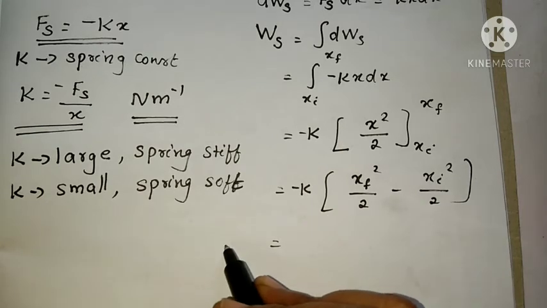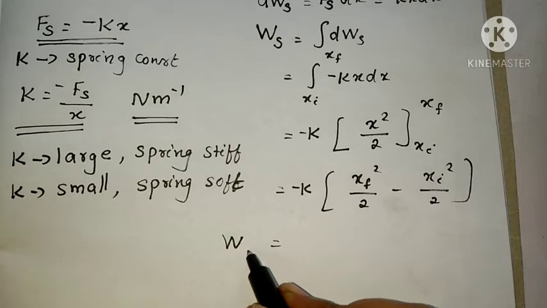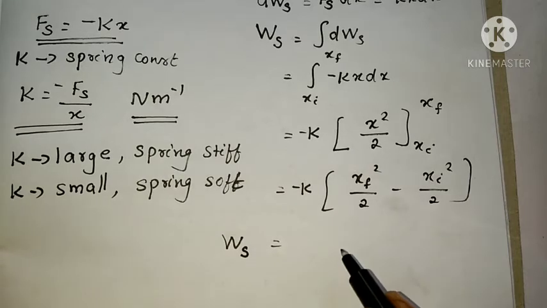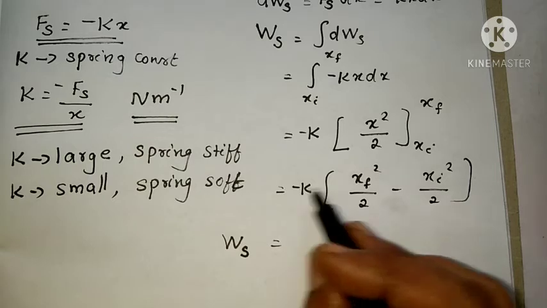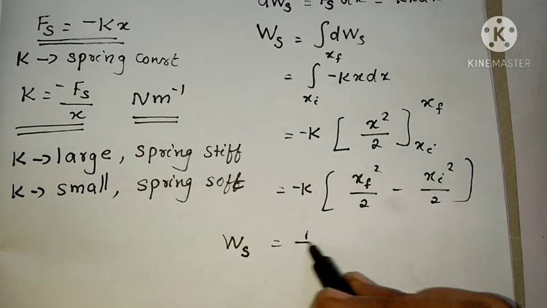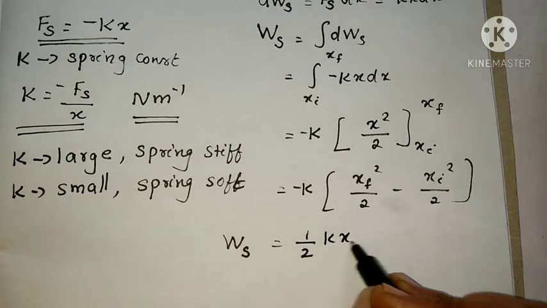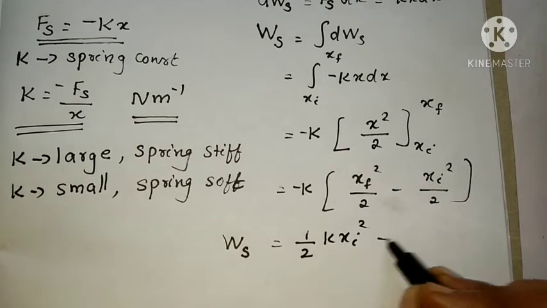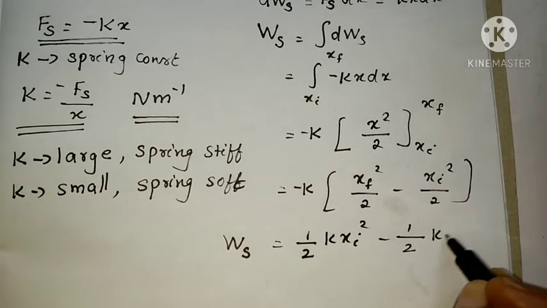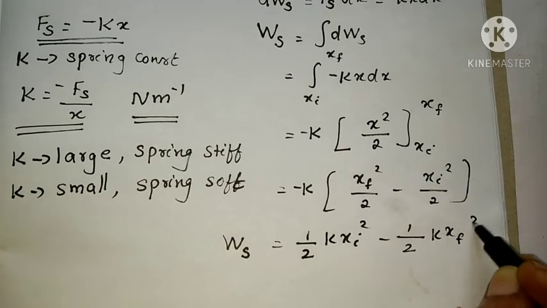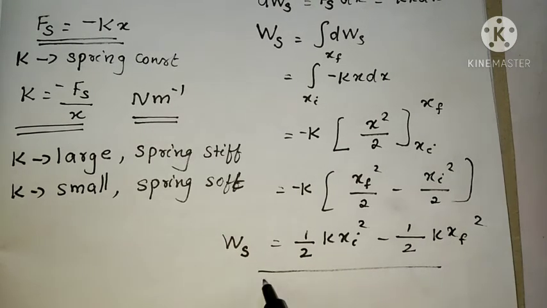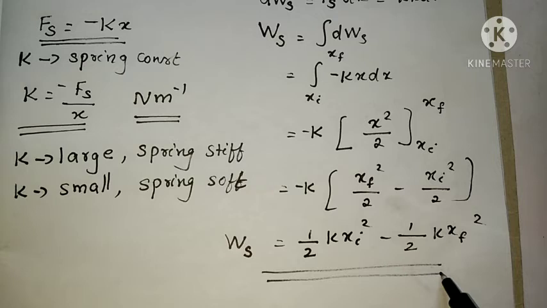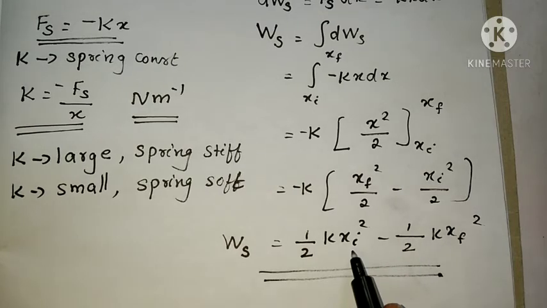So the work done by the spring force to move the spring from the initial position xi to xf is half k xi square minus half k xf square. This is the work done by the spring force to move the spring from an initial position xi to xf.